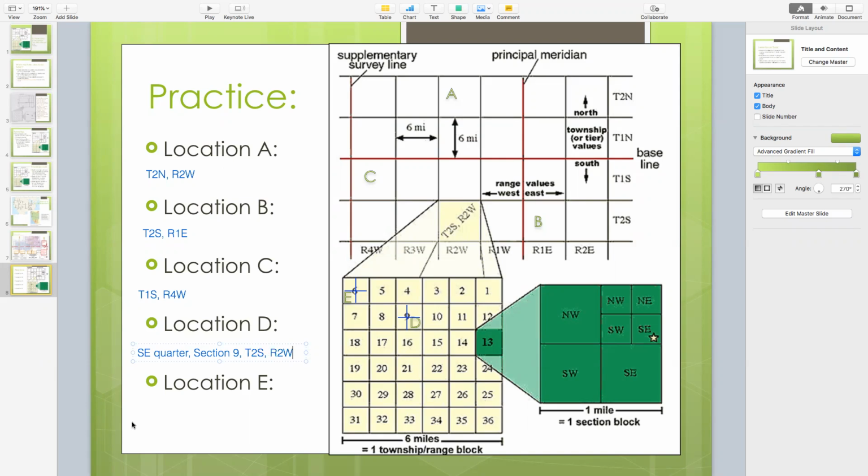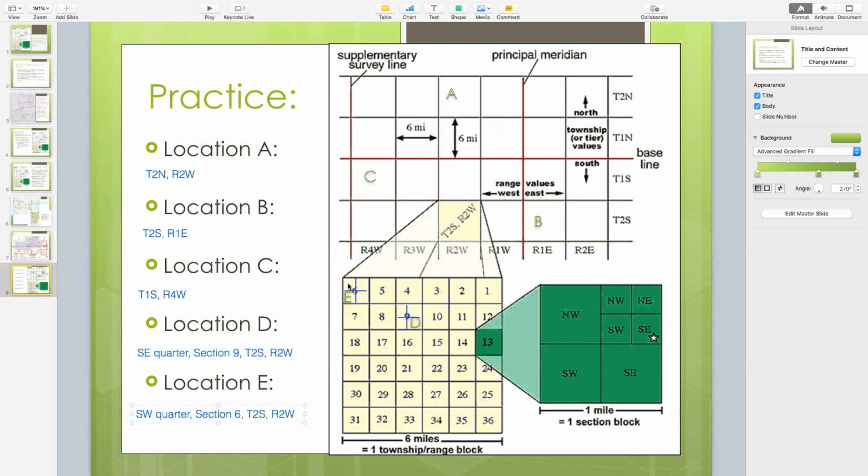Let's take a look at letter E. So letter E is in the southwest quarter of section 6, Township 2 South, Range 2 West.